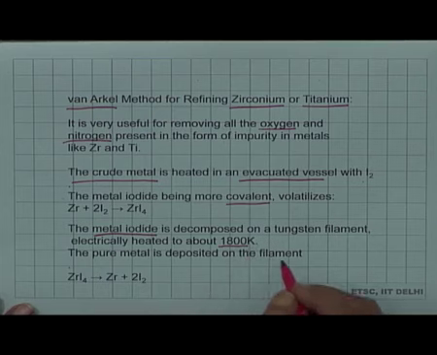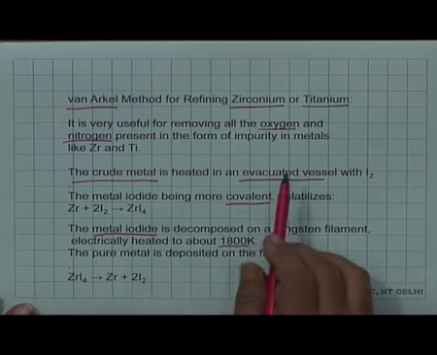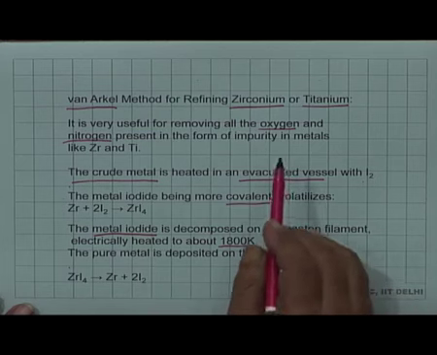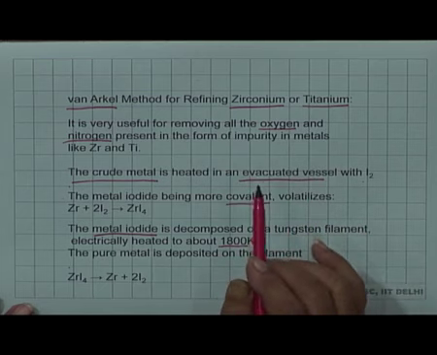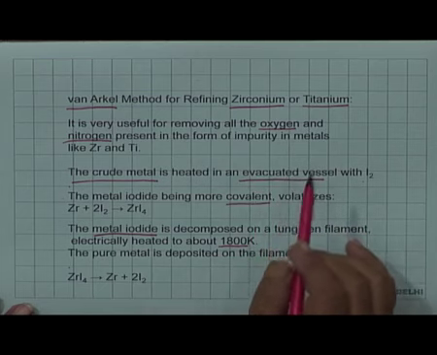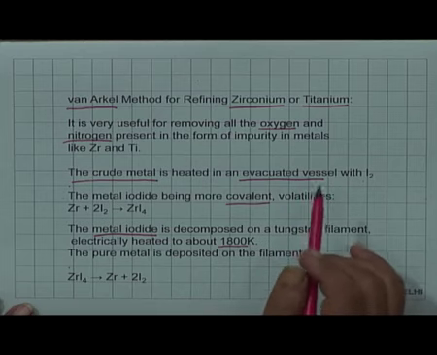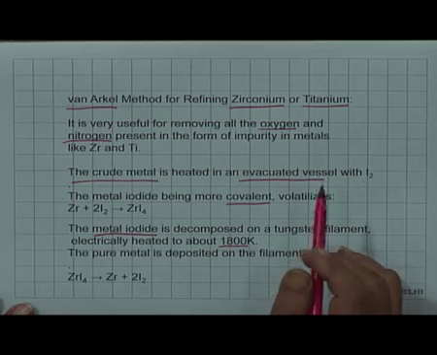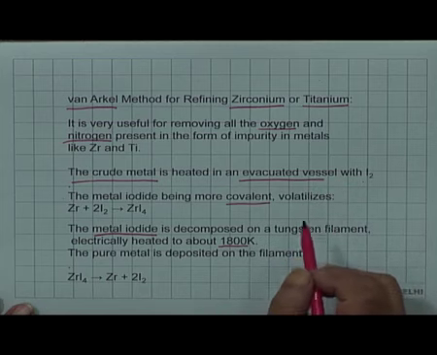In this case, the temperature is somewhat higher than in the Mond process with nickel, but it is not easy to remove oxygen or nitrogen containing entities from zirconium or titanium, because they are very refractory in nature.